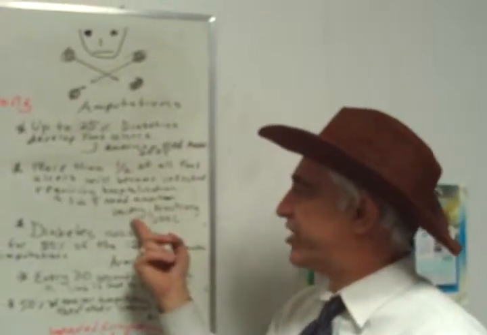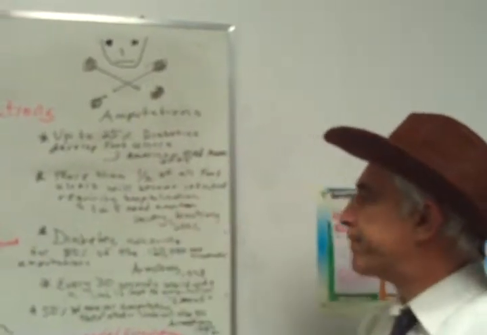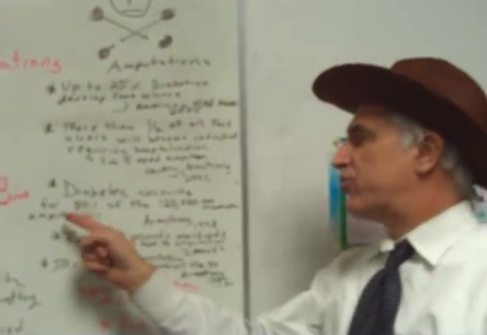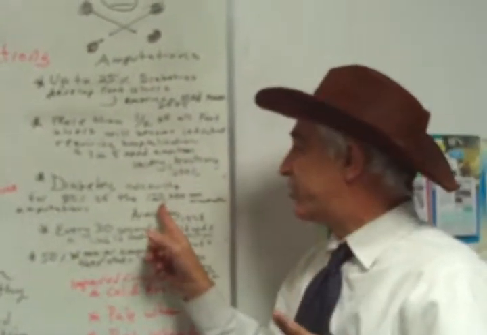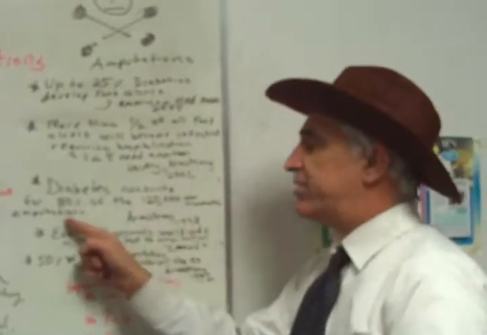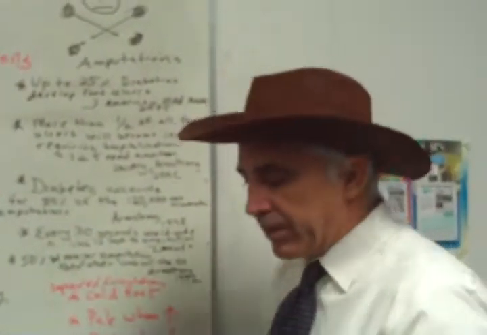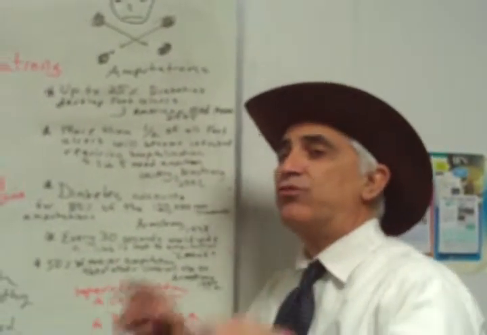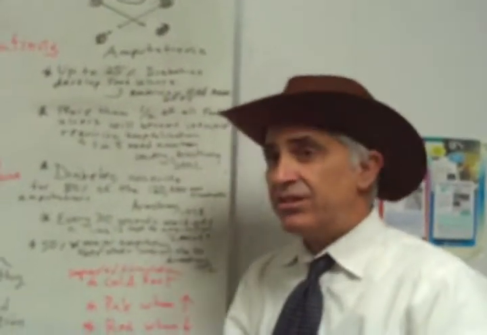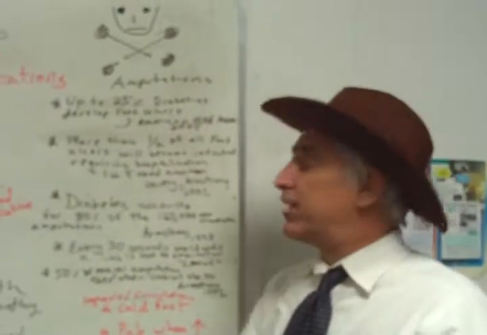Here's another source. Diabetes accounts for 80% of the 120,000 non-traumatic amputations. So 8 out of 10 people in a hospital scheduled for non-traumatic amputation are probably diabetic.